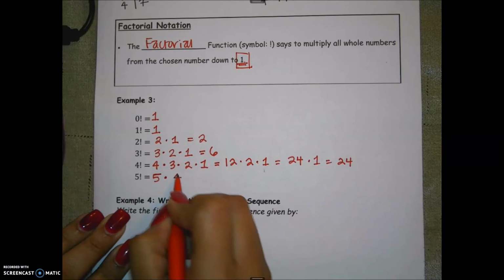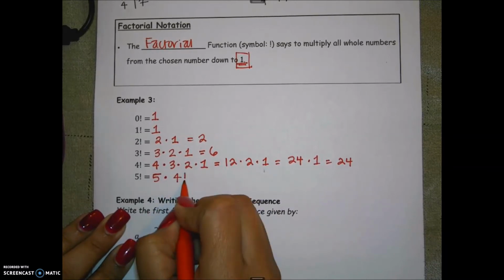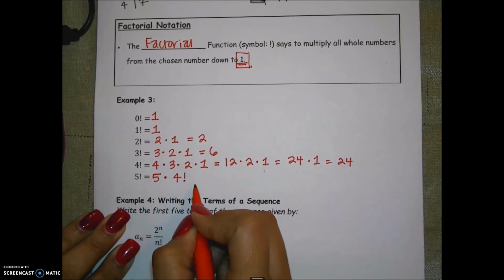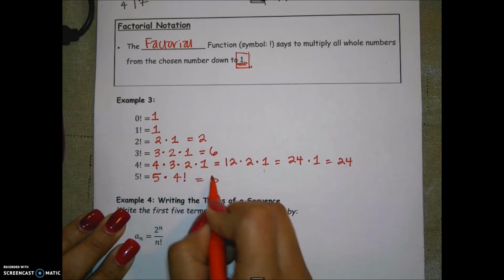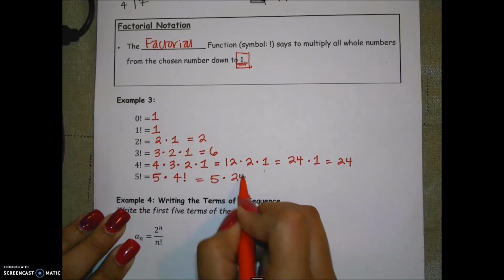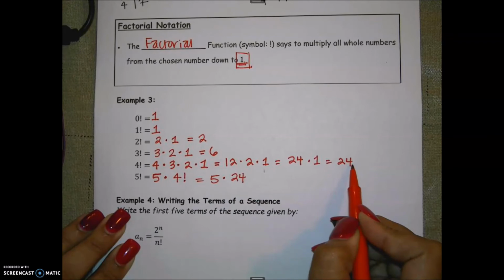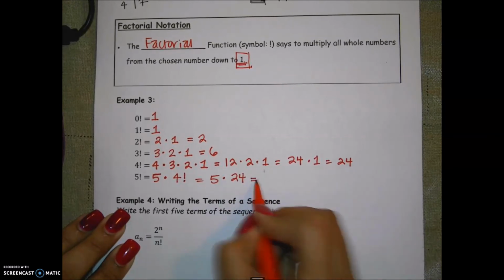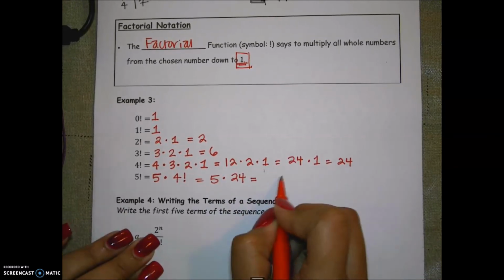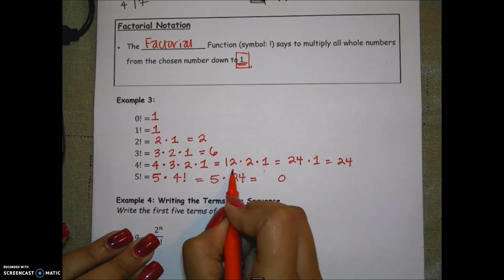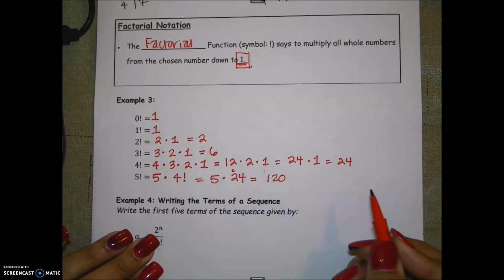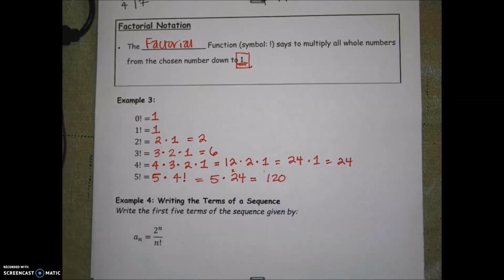So really what you're multiplying is 5 times 4 factorial, which is 5 times 24, because 4 factorial is 24. And 5 times 24 is, let's see, 5 times 2 is 10, 11, 12. Sometimes I have to count. 120. And the cycle keeps going on and on and on.